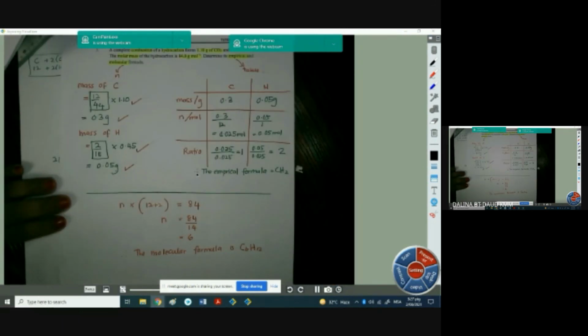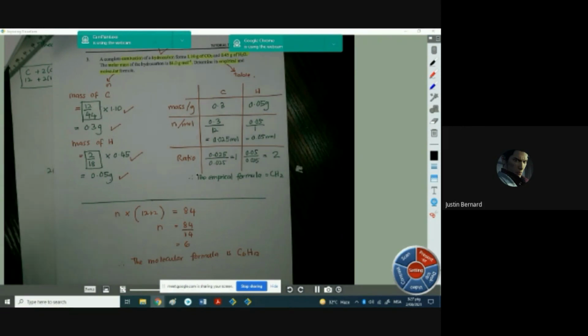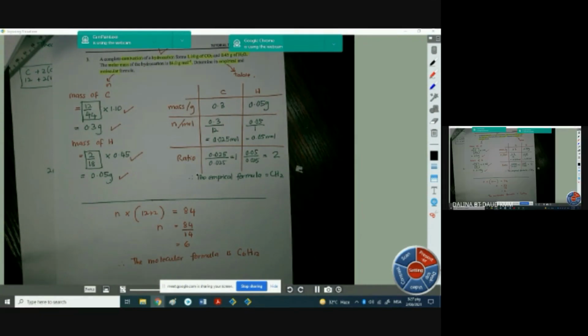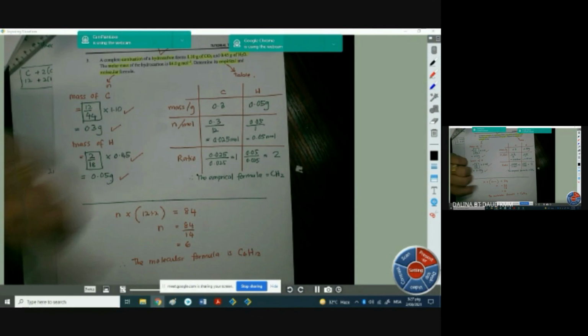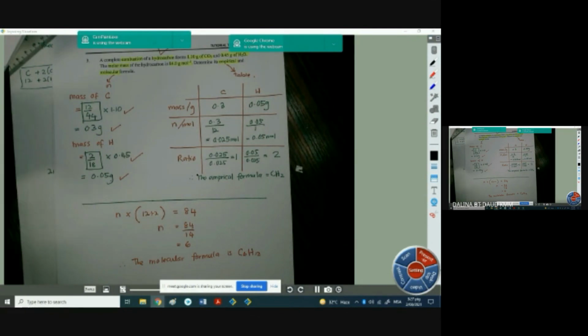Ada apa-apa nak tanya? Miss, the question didn't ask for oxygen, right? If the question is not stated hydrocarbon, it is stated a substance burn in general. Kalau hydrocarbon, it must have hydrogen and carbon only.